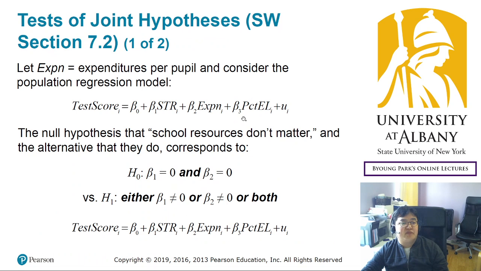There is nothing to worry about, but we are going to extend our procedure if you are interested in multiple coefficients at the same time. For example, we include another important variable of our interest, say expenditure. So it is the expenditure per student, and we are going to consider a regression model with 3 regressors: student to teacher ratio, expenditure per student, and percentage of English learners.